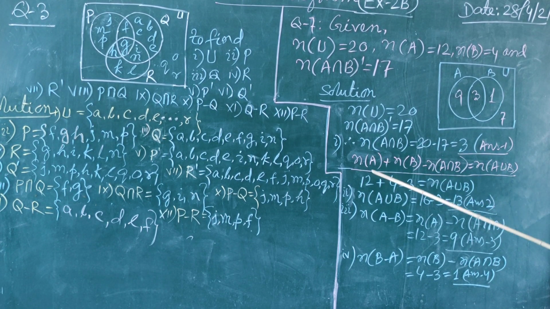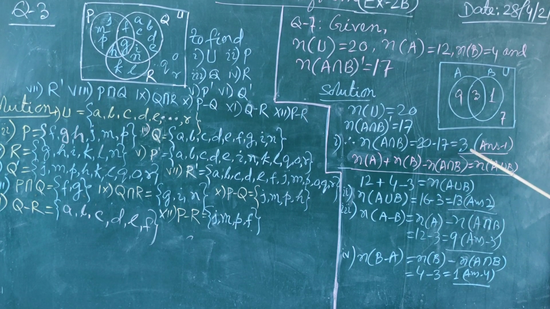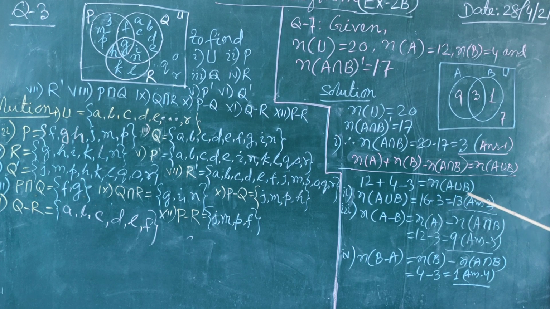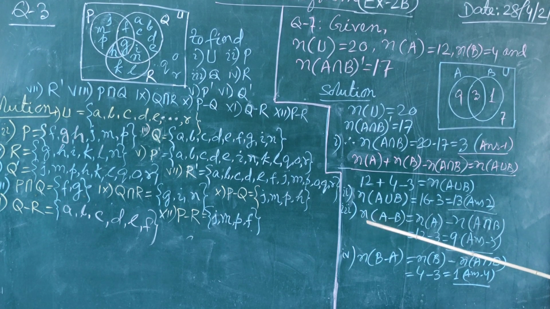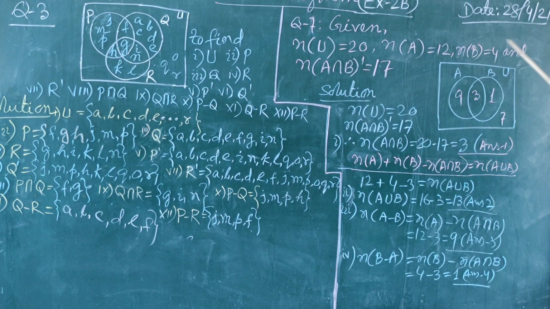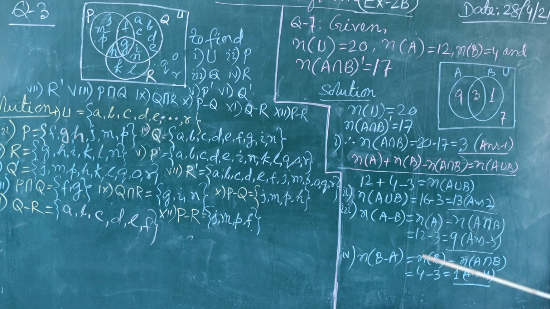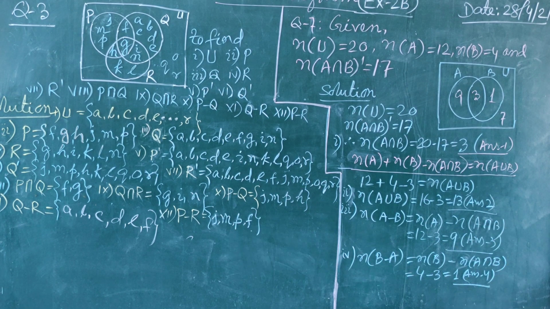That is the formula. So n(A) you know, that is 12, n(B) you know, 4, and A intersection B we just took out, now 3. You can very well find A union B. So it will be 16 minus 3, that is 13. Now in A minus B, now you know the union part also, and how will you find A minus B? A minus B is that particular set minus the intersection part.